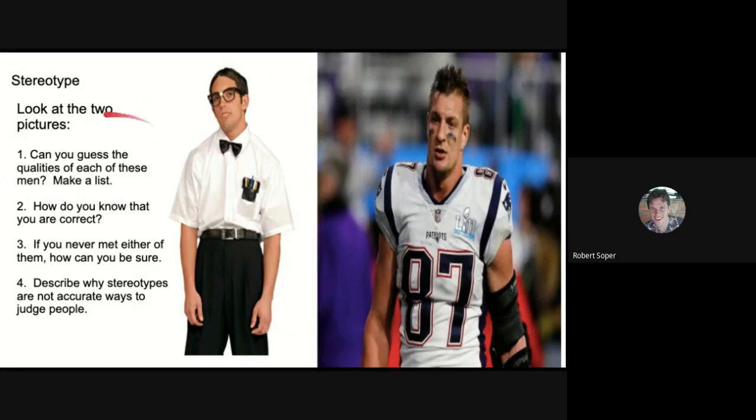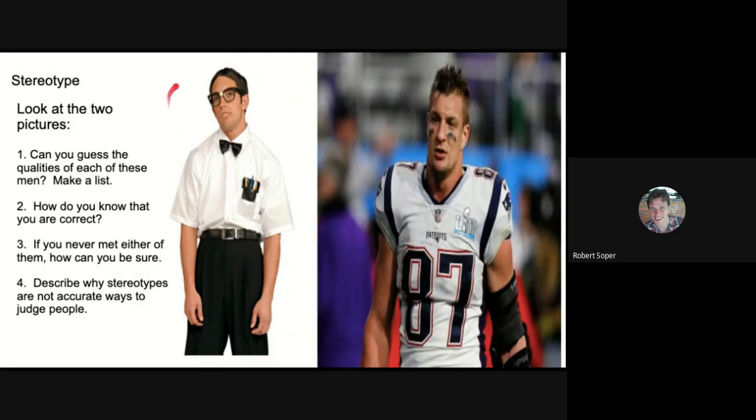The first exercise you did was coming up with qualities to describe these people. What you were doing is you were creating a stereotype. Okay? You were looking at these people and you were forming an opinion on some widely held idea about these people.